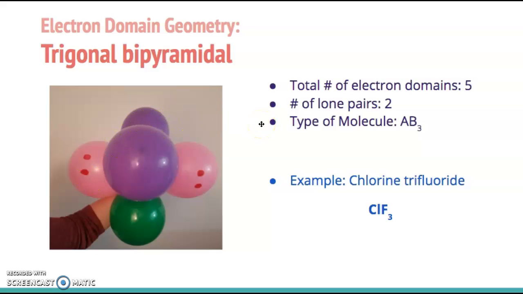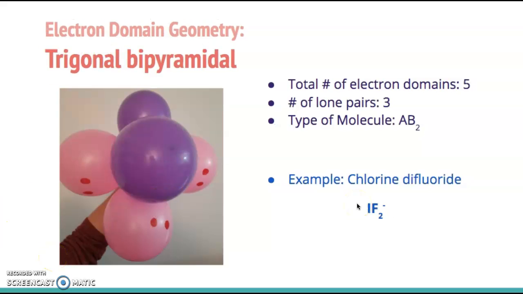That 5 comes from the number of bonded locations as well as the number of lone pairs, which we have 2 lone pairs, both of these pink balloons. It's an AB3 molecule, so there's 3 bonded locations. An example of this shape would be chlorine trifluoride. So chlorine would be in the middle where all the knots connect. We would have 3 fluorine atoms and then 2 lone pairs.